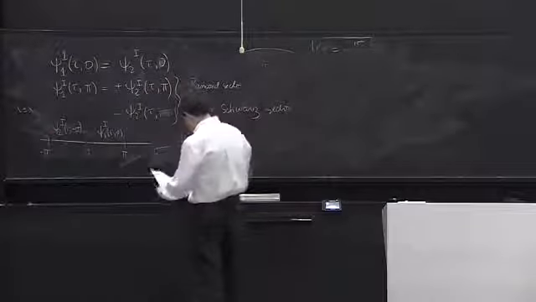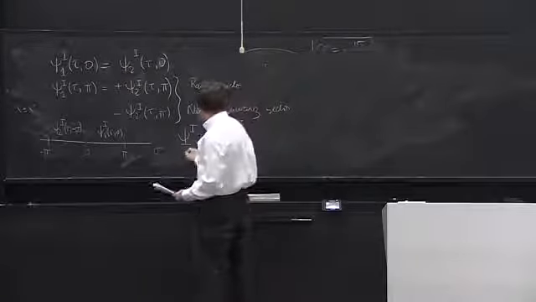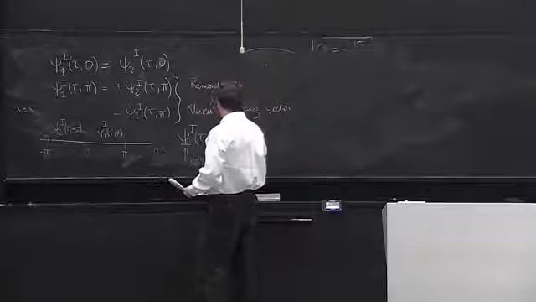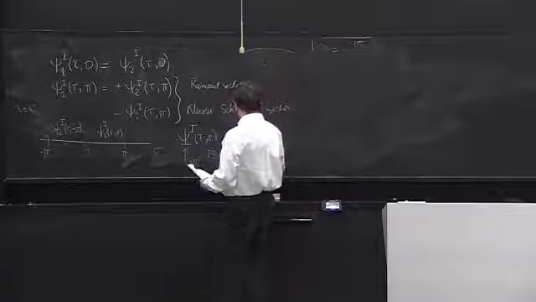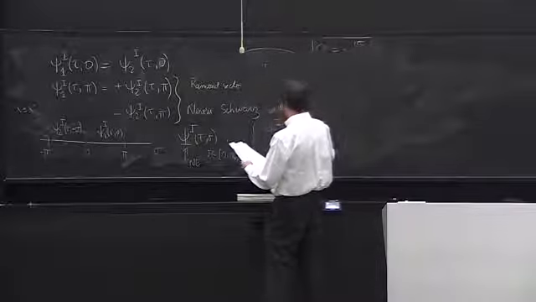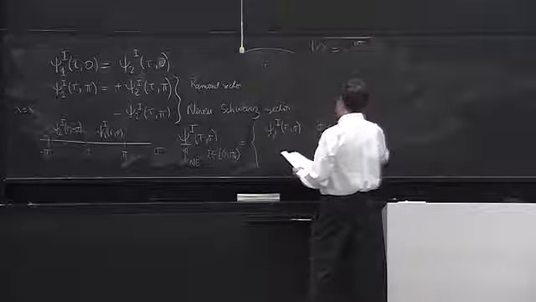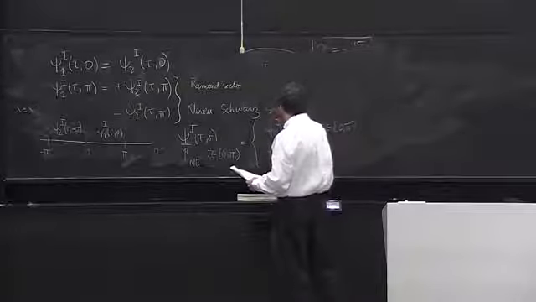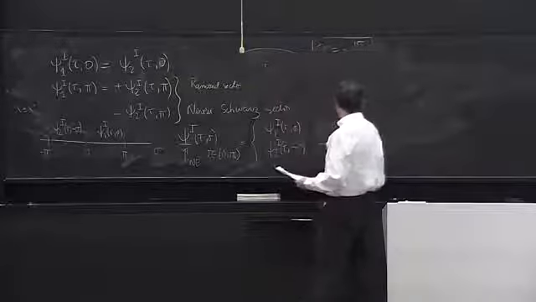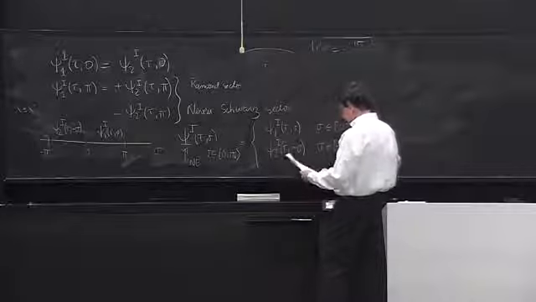So we can say that psi I of tau and sigma, the new field that lives from sigma from minus pi to pi, is going to be psi1 of tau sigma for sigma in 0 to pi. And it's going to be psi2 of tau minus sigma for sigma between minus pi and 0.